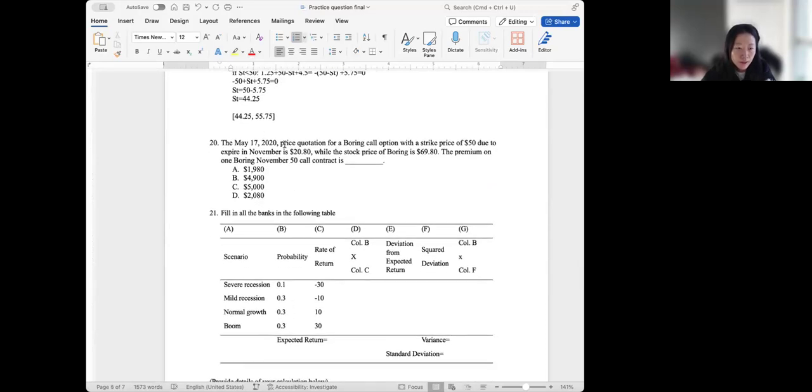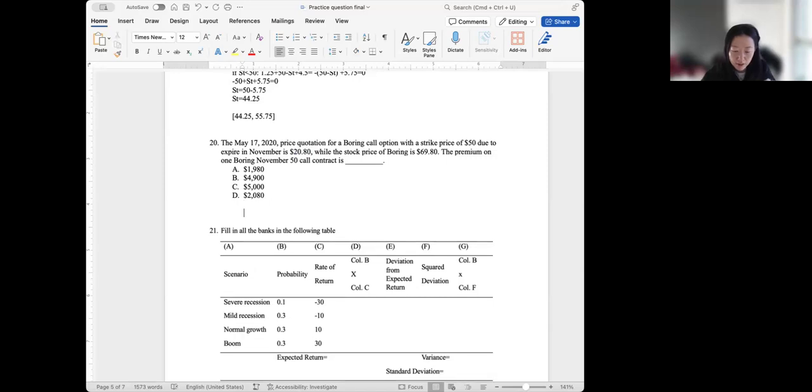May 17, 2020 price quotation for a Boeing call option with a strike price of 50 due to expire in November is $20.80, while the stock price of Boeing is 69.8. The premium on the Boeing November 50 call contract is, if it's selling at 20, then the call option price is 20. And we have to buy 100 every time.